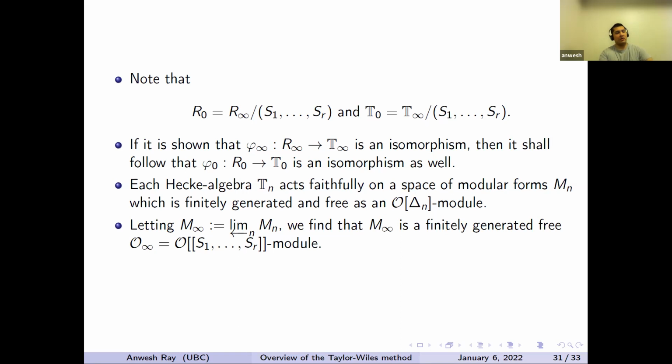Eventually, one of the main components of this argument is the level lowering theorem of Ribet. You start with your Frey curve, and then you look at the residual representation of the Frey curve.